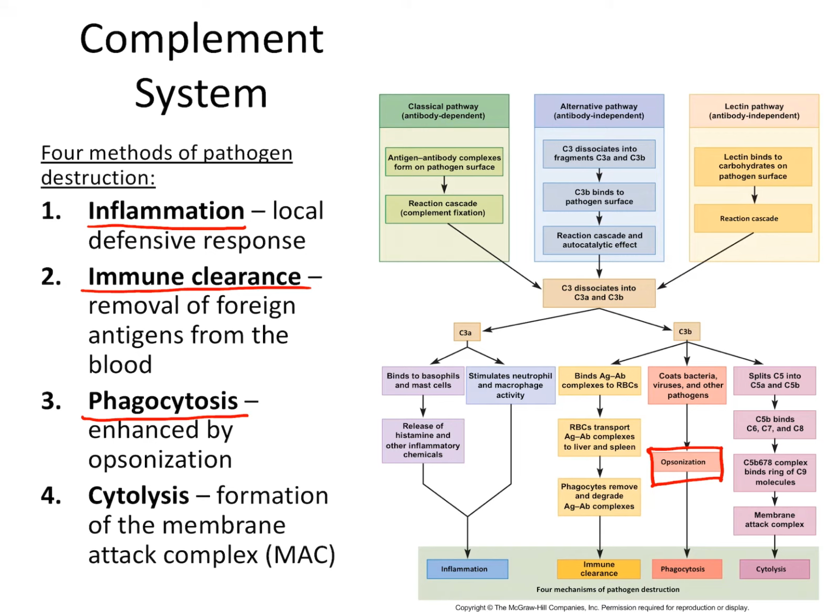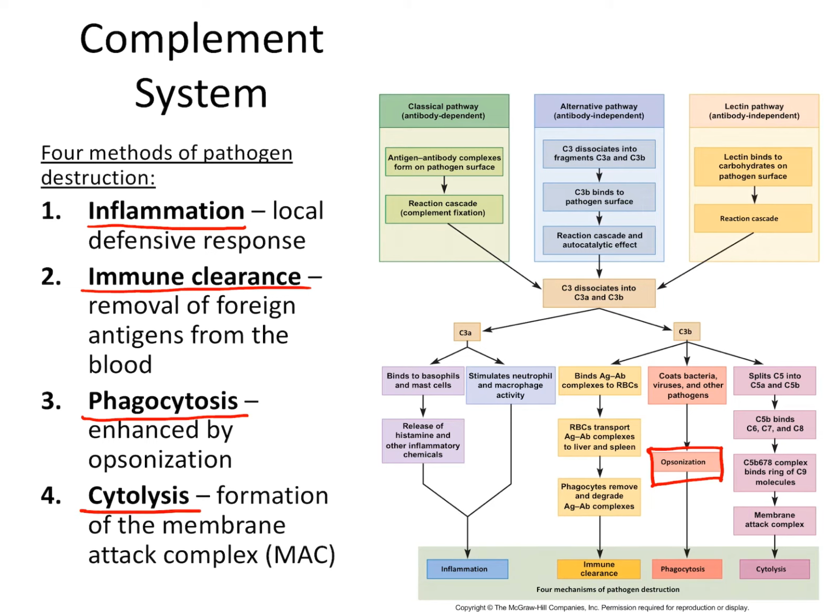So when a pathogen is opsonized, it's essentially going to be coated by this C3b, which is going to allow that phagocytic cell to attach to that pathogen more easily. So in that way, we're going to see that phagocytosis is enhanced.